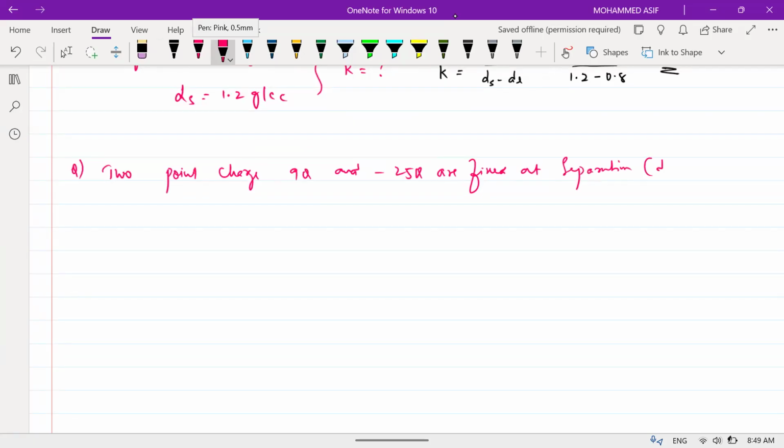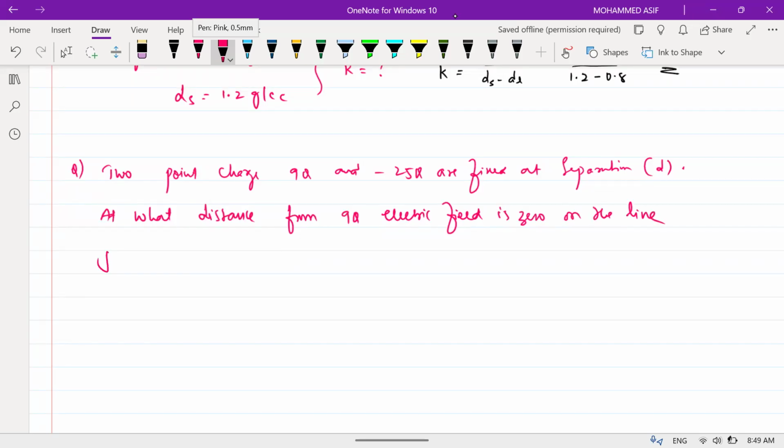Now, at what distance from 9q is the electric field 0 on the line joining the charges? Options given are 3d divided by 2, 4d divided by 2, 3d divided by 4, and d divided by 2.